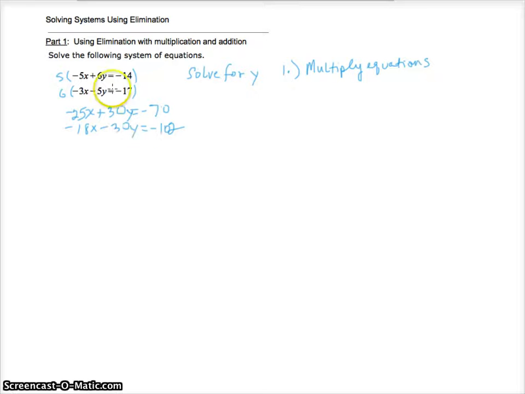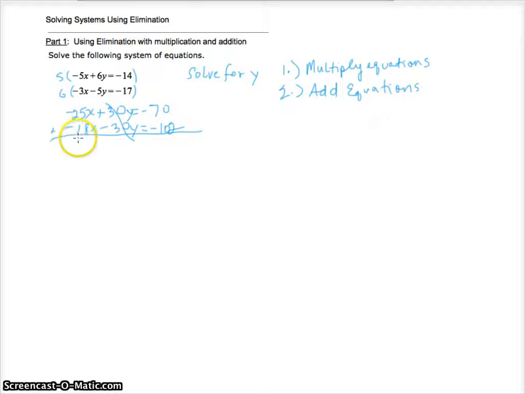Now that I've got offsetting y values, I'm going to add my equations together. What this does for me is it cancels out my y values.